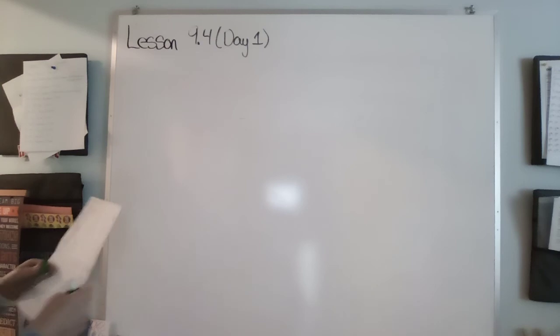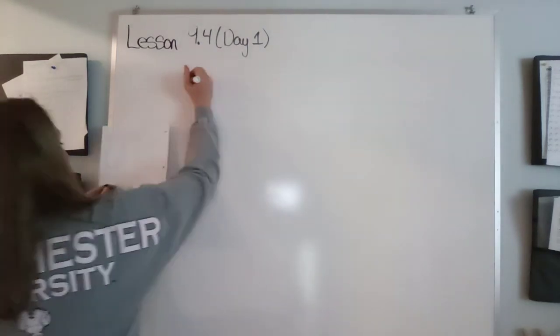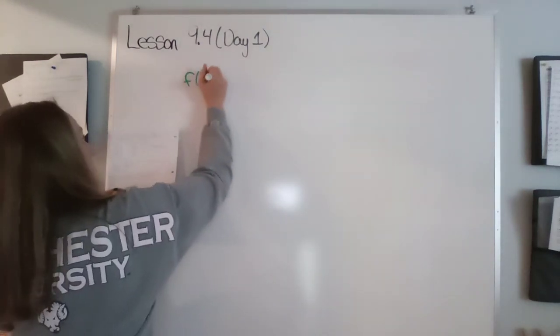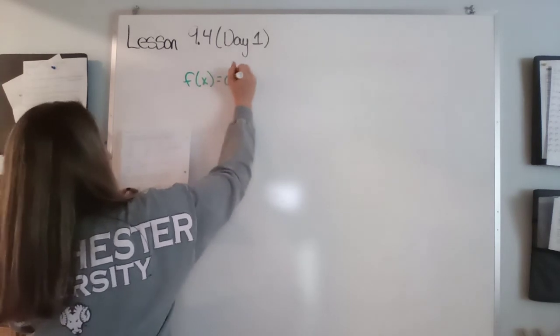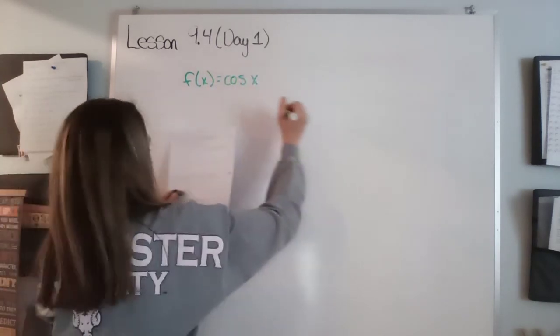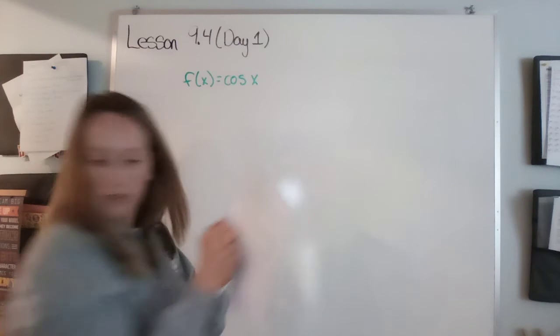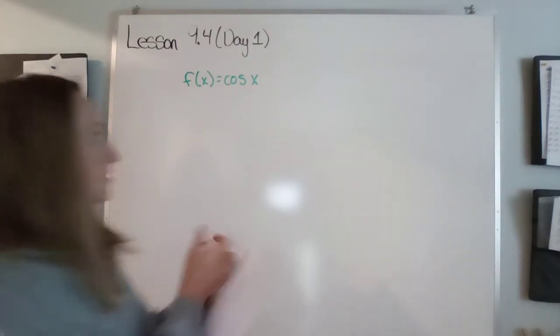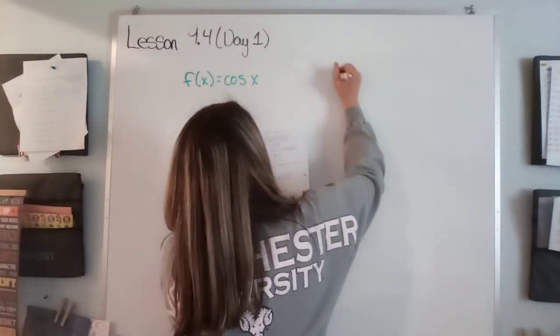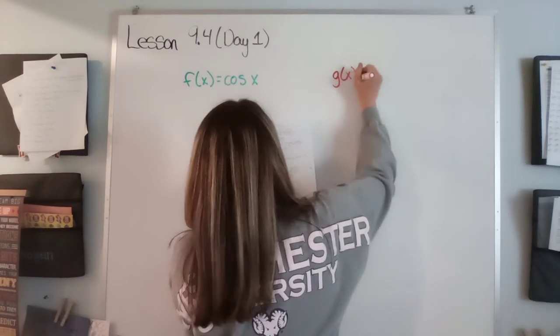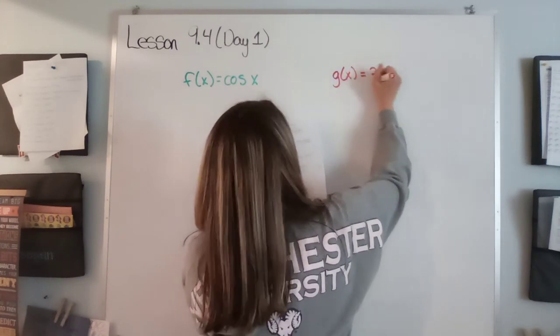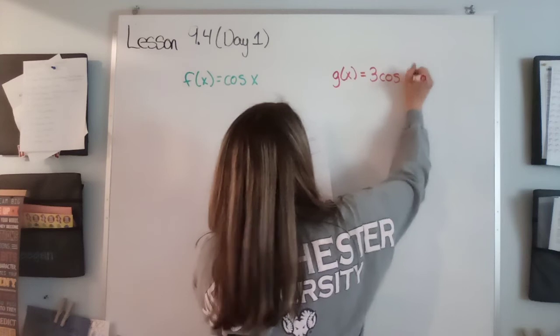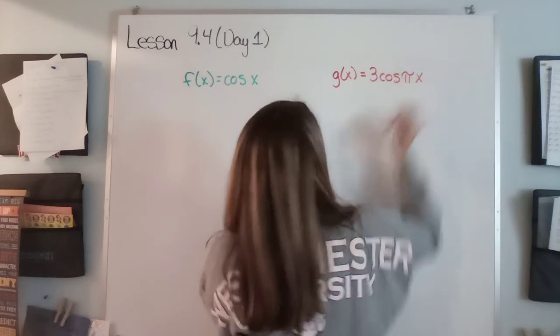Okay, so the next one we're going to look at is f of x equals cosine x, and g of x, let's do this one a different color, equals 3 cosine pi x.